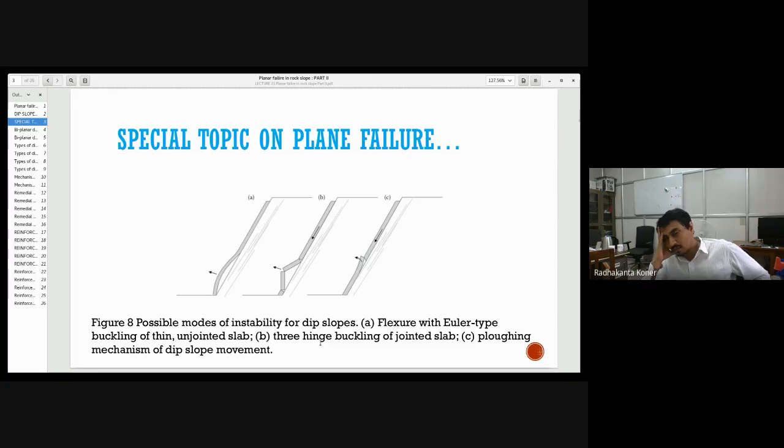The rest of the parameters are more or less satisfied. So this kind of failure has to be addressed by developing the idea of the planar mode of failure.